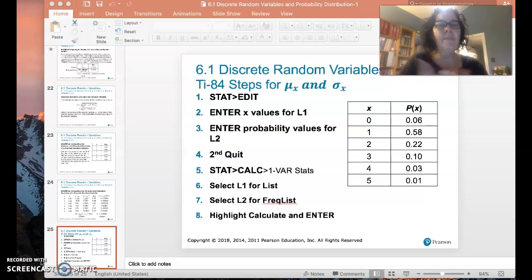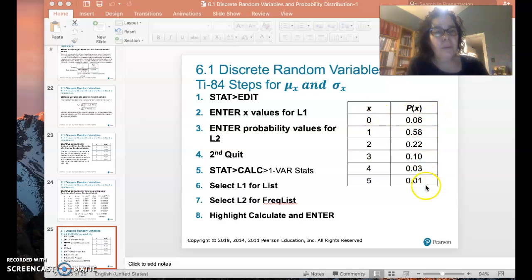But to remember where we left off, we were looking at probability distributions for discrete random variables. What you're seeing on my screen is a probability distribution of a discrete random variable. We don't know if it is binomial or not. Binomial is a special case of it.